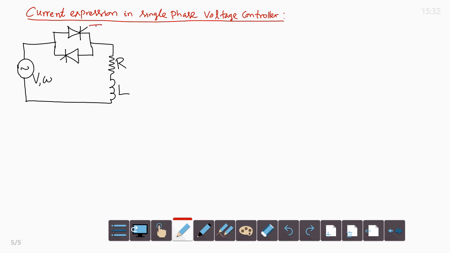This is the thyristor T1, whose firing angle is alpha, which is fired at omega t equal to alpha. This is the thyristor T2, which is fired at angle pi plus alpha.